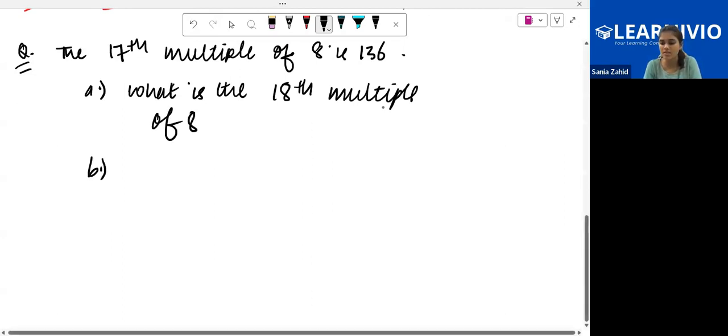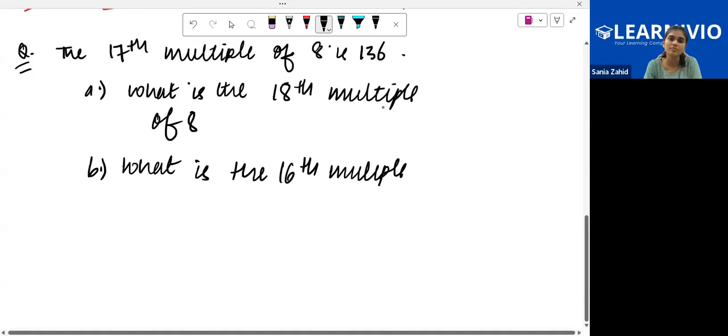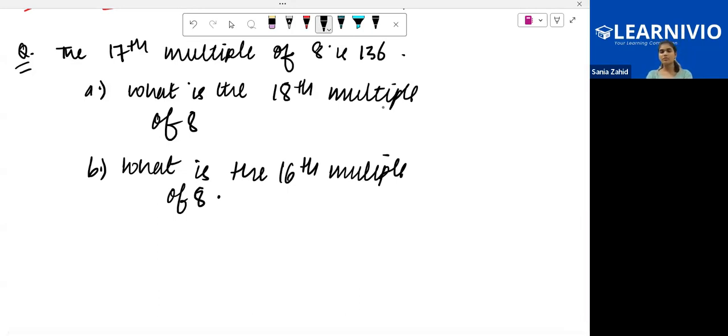And the B part says, what is the 16th multiple of 8? Can you solve this question? If you want to use a paper and a pen, you can use that as well.